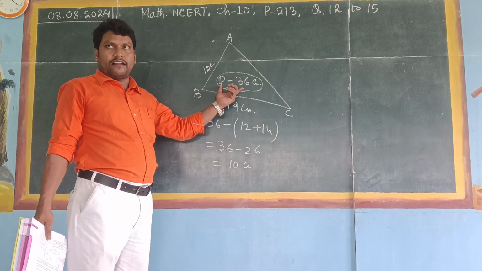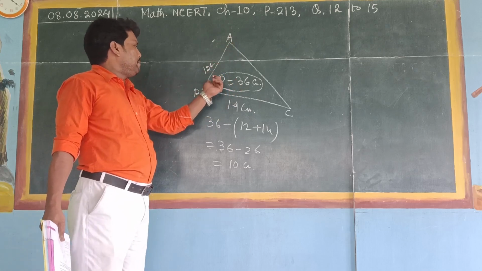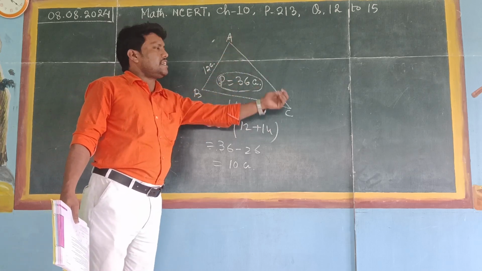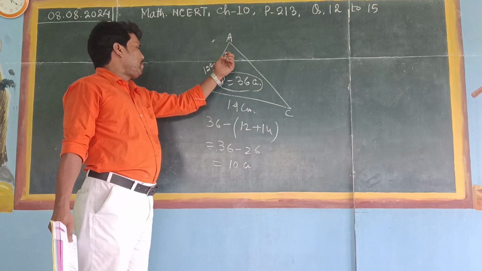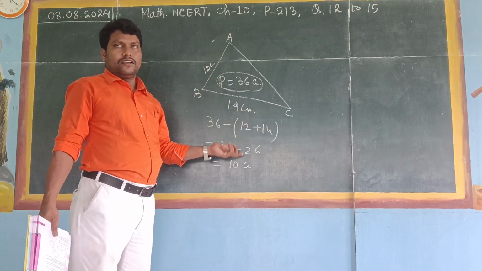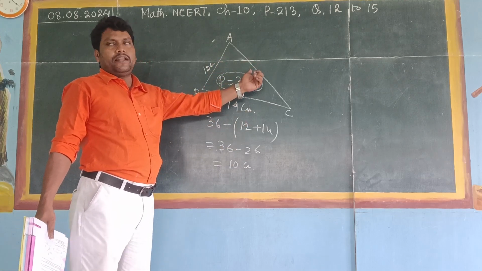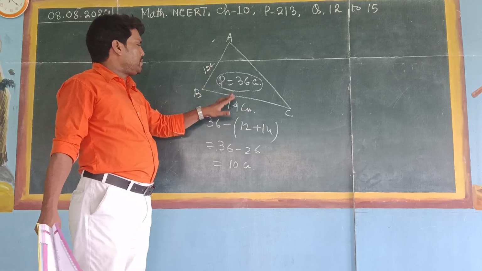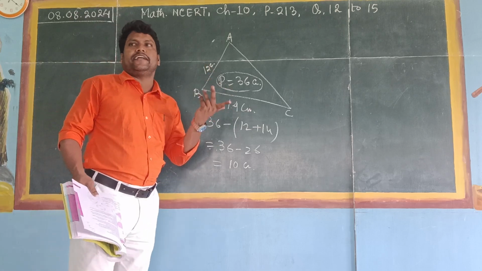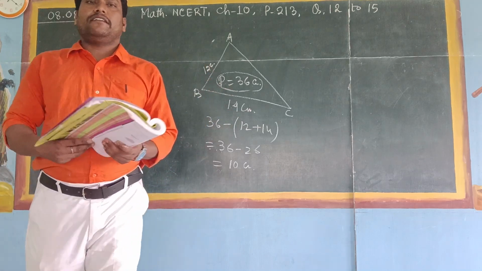Perimeter means AB plus BC plus AC, but the lengths of AB and BC are given. So if you subtract the sum of two sides from the perimeter, then we will get the third side. Okay.